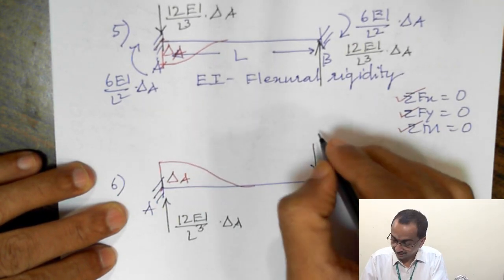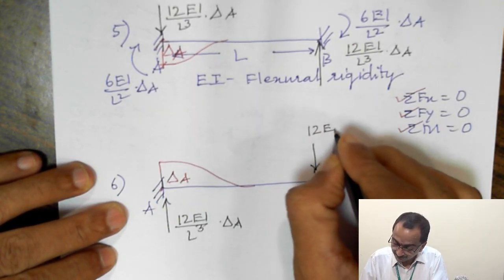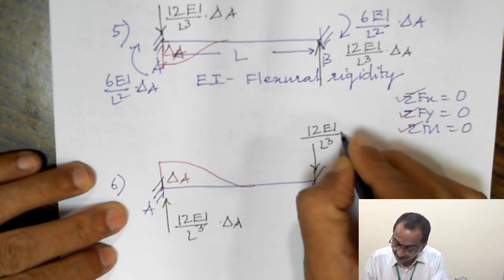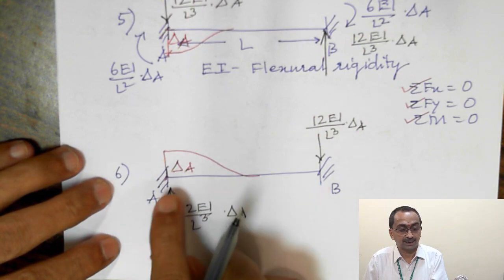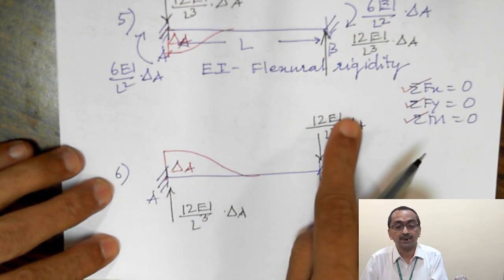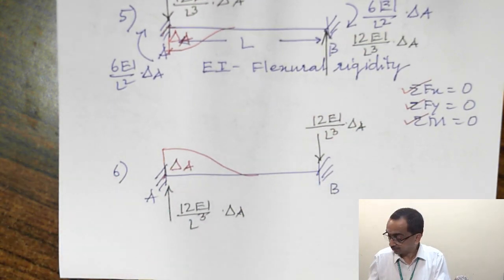And to counterbalance at B, 12EI/L³ into delta A is the force that will be acting in downward direction. So these two are the forces that will be required. Is that all? No, all of us know that's not all.